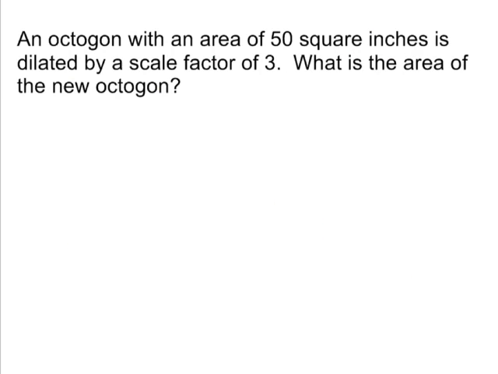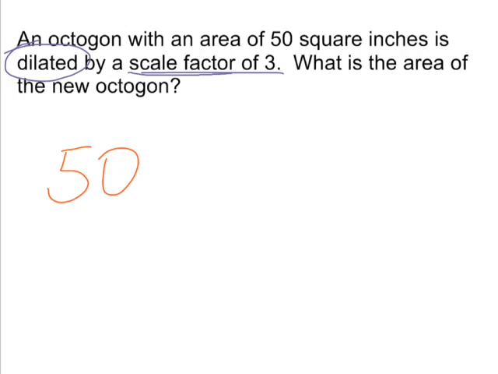This question states that an octagon with an area of 50 square inches is dilated, keyword, is dilated by a scale factor of 3. Again, here's scale factor, and our scale factor is 3. What is the area of the new octagon? Since we know the scale factor, we don't have to go to the trouble of drawing the octagon. We can simply use the original area of 50.